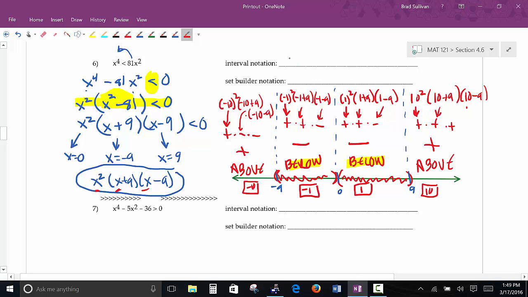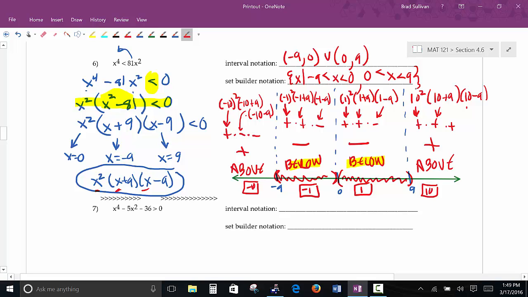So for interval notation, you'd have to say negative 9 to 0, union 0 to 9. You can't put that in one interval. You could if it was less than or equal to, but you can't in this case. And then in set notation, you'd say the set of x such that negative 9 is less than x is less than 0, and 0 is less than x is less than 9. That's the answer to the problem.